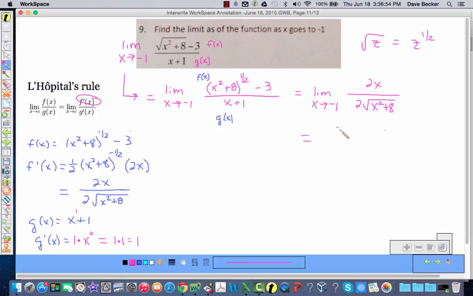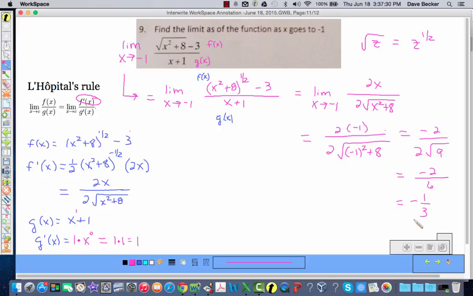So this becomes 2 times -1 over 2 times the square root of -1 squared plus 8, which is equal to 2 times -1 is -2 over 2 times the square root of -1 squared is 1 and 1 plus 8 is 9, which becomes -2 over square root of 9 is 3, and 2 times 3 is 6, which simplifies to -1/3.